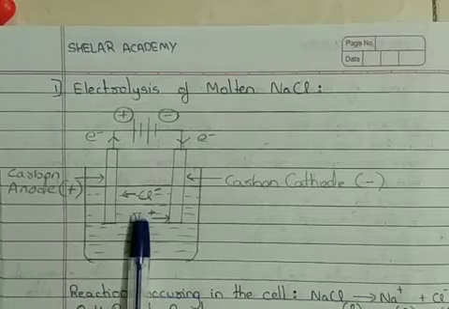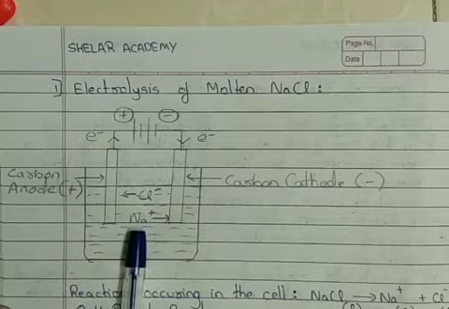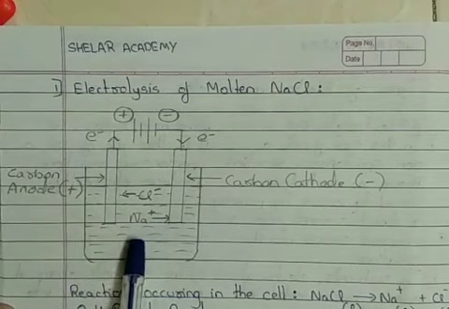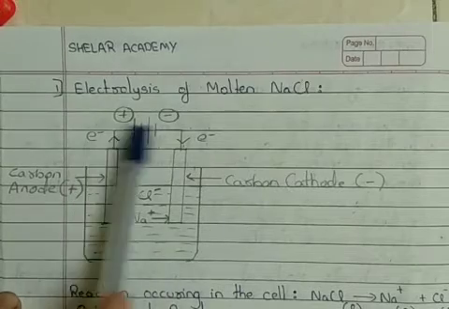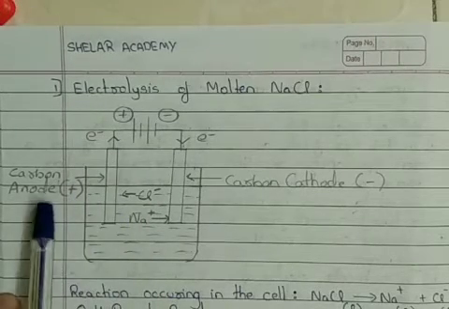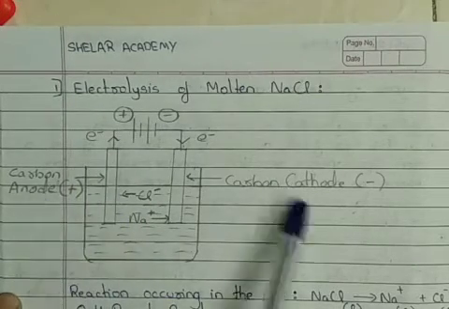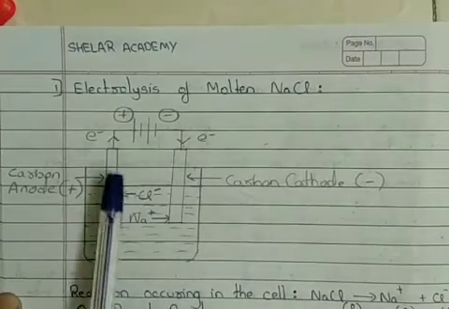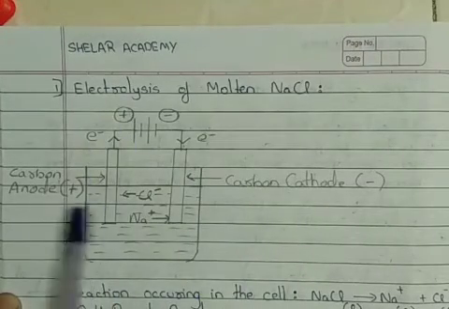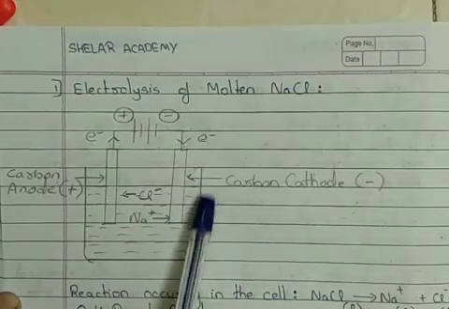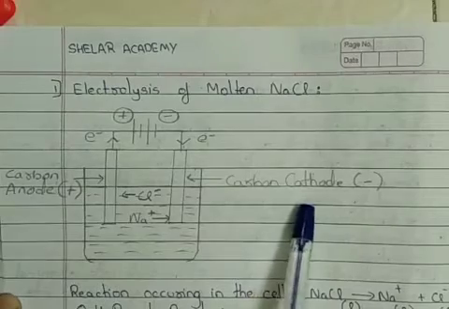Reason is the presentation, that is your diagram is wrong. Generally what mistake students do is with respect to the charges. They write down plus as cathode and minus as anode. No, the positive end in electrolytic cell is anode and the negative end in electrolytic cell is cathode.